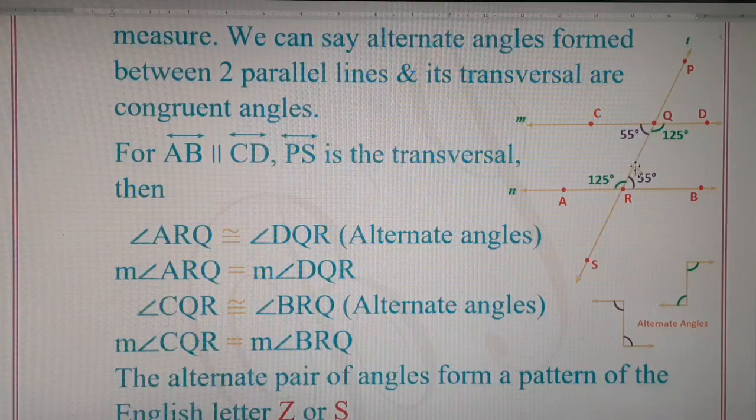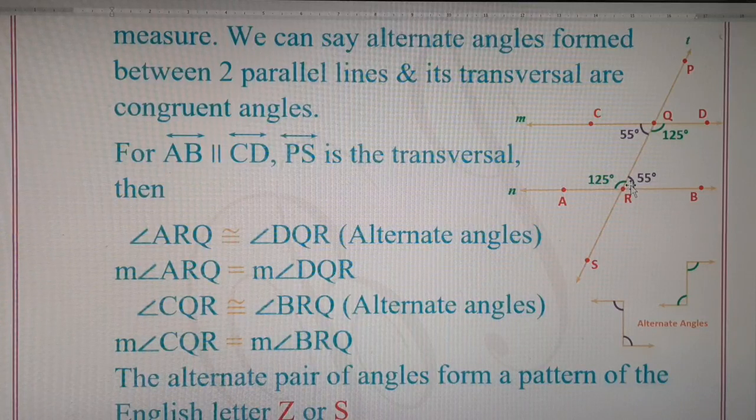Similarly, we get another pair of alternate angles, that is in the Z pattern. If we look at these angles and try to find out the name, it will be angle CQR and angle BRQ. So this violet colored marked angle is another pair of alternate angles.